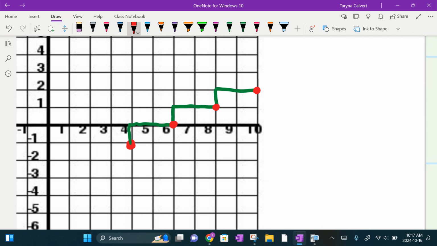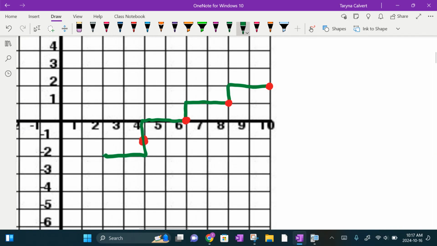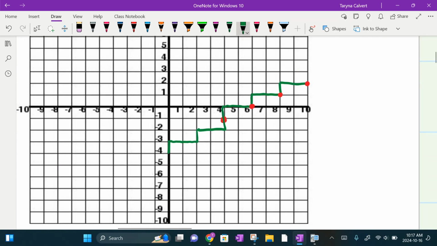So instead of going up, I would go down and back, because down and back means a negative and a negative, which is a positive. Could I go down and back as many times? Yes. I know I only wanted 3, but this is what you're visualizing. That's how we're getting our line, by doing our slope from a point.